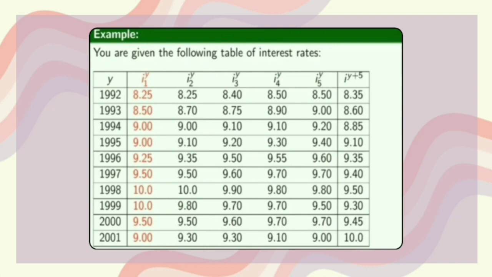So you go to 1996, this 9.25 is the new money for 1996, the new money for 1997 is 9.35. And next, you look for the year 1995, the new money is 9.20. So you can see a pattern that makes a staircase. From 9.50 to 9.35 to 9.20, 9.10, 9 to 8.35. So as you can see, it makes a staircase.